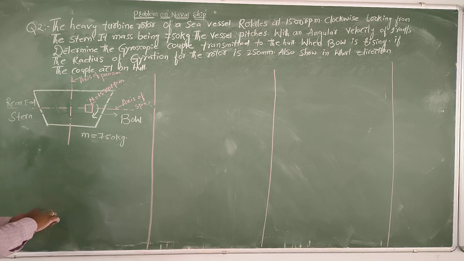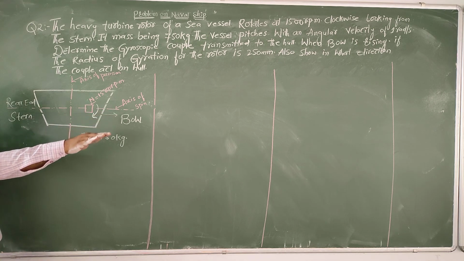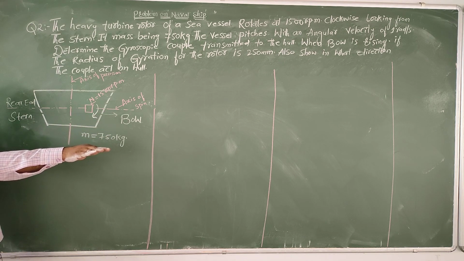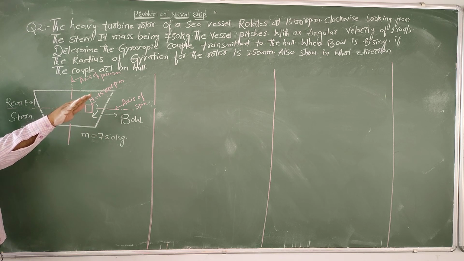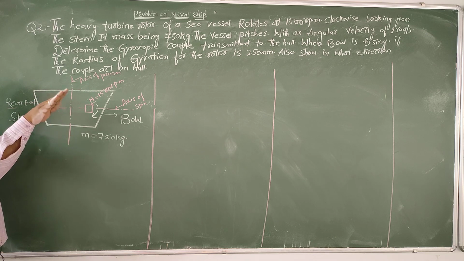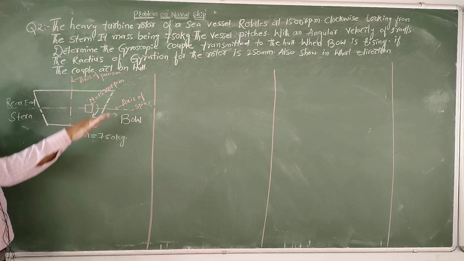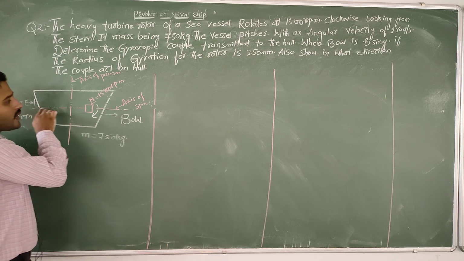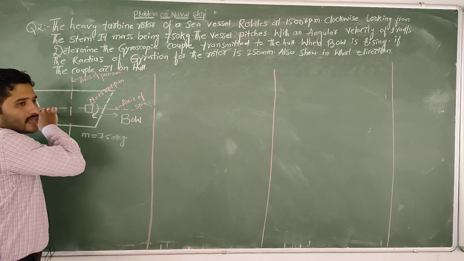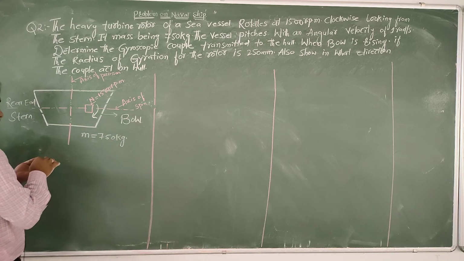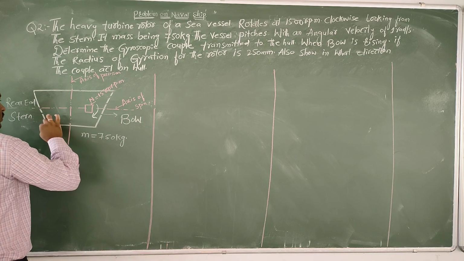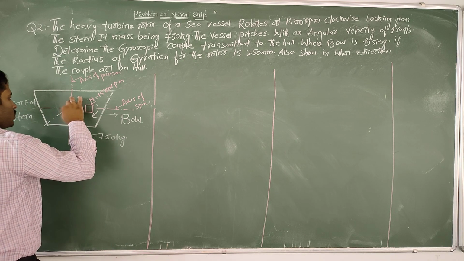So this means that the ship is moving from the axis of spin to an incline, making some angle. The angle we can say is the pitching, pitching above and pitching below. That is the axis of spin, or we can say the mean axis.